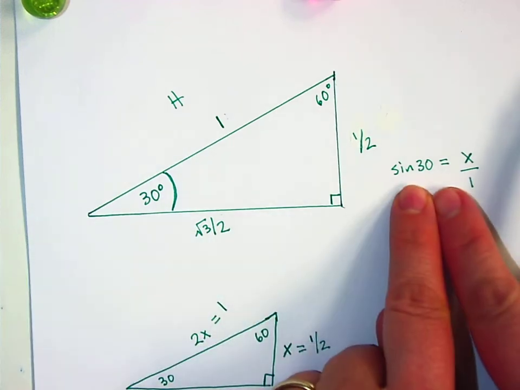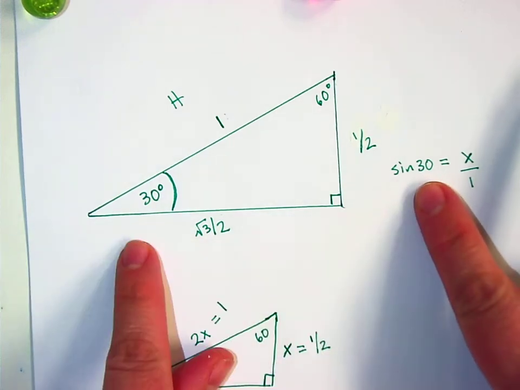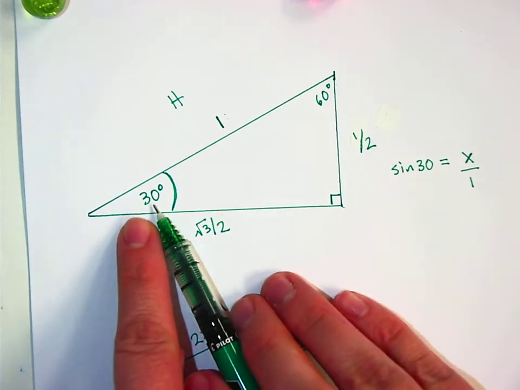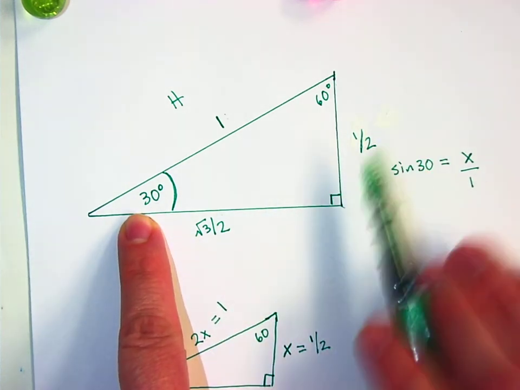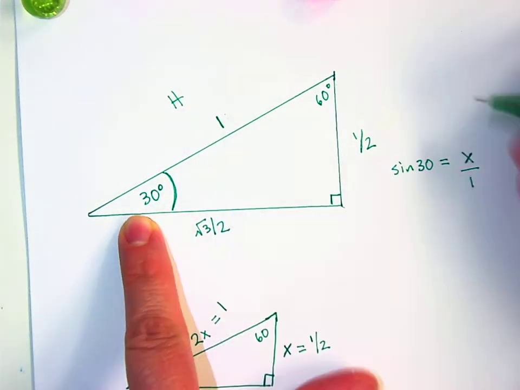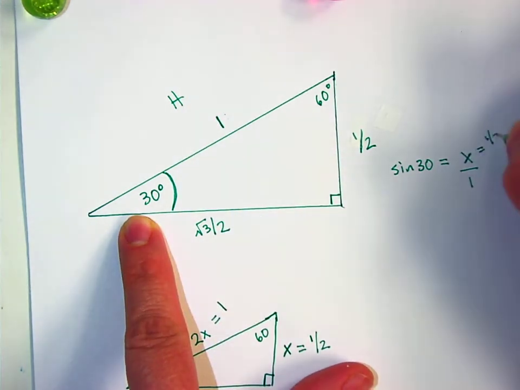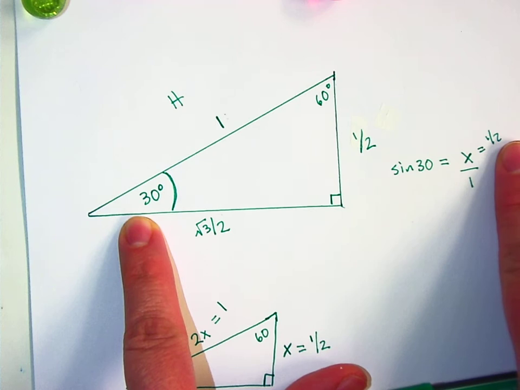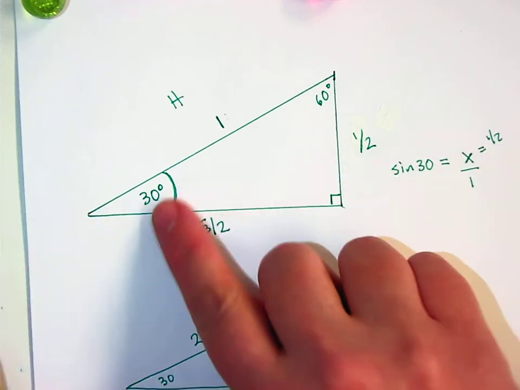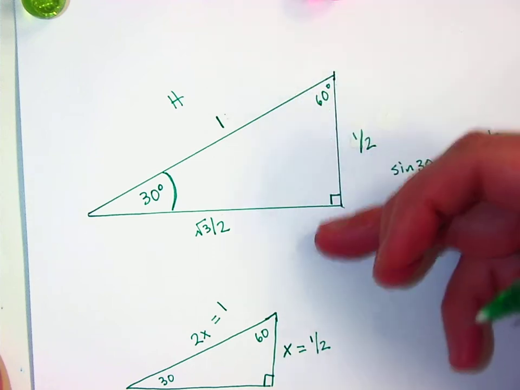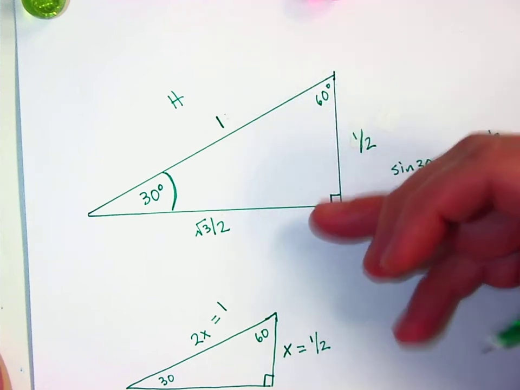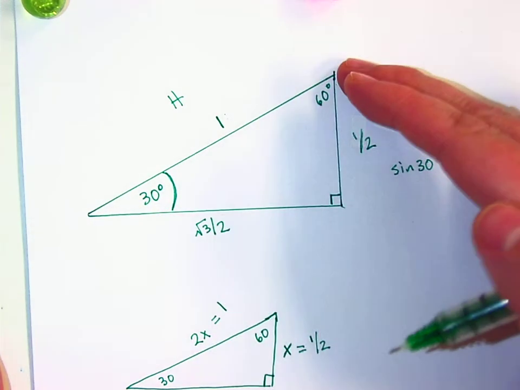The sine of 30, we did that by saying that the sine of 30 is this opposite side, that's x, over 1, right? And x turned out to be 1/2, so the sine of 30 is 1/2. Do you see how the sine is this distance? And that only works in a unit circle.